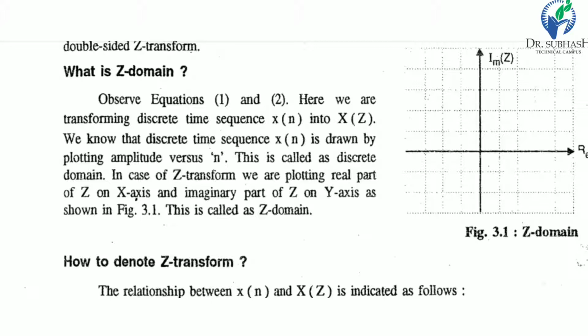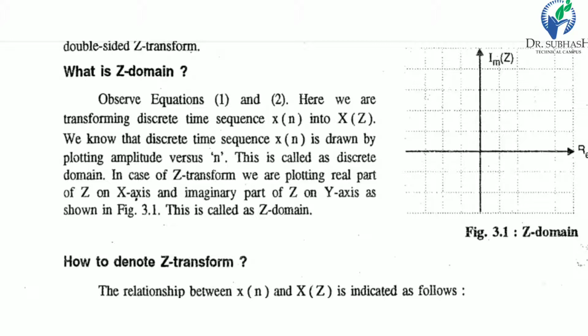We know that the discrete time sequence x of n is drawn by plotting amplitude versus n. So the y-axis is our amplitude and n is our x-axis. This is called discrete domain.